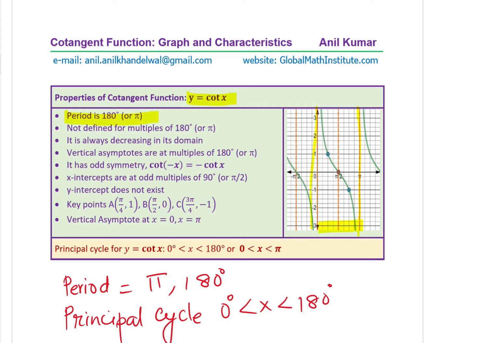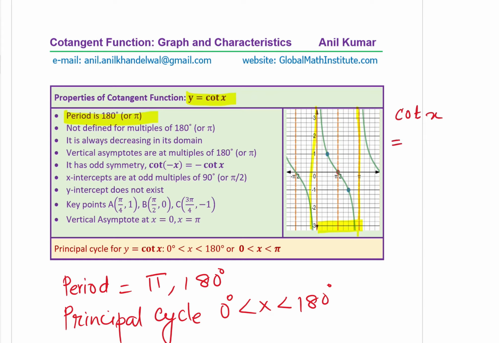We cannot include 0 and 180 since they are not in the domain of cotangent function. At this point, we do have a vertical asymptote. Well, reason is very clear. Cotangent function cot x is equal to cos x over sine x, correct?